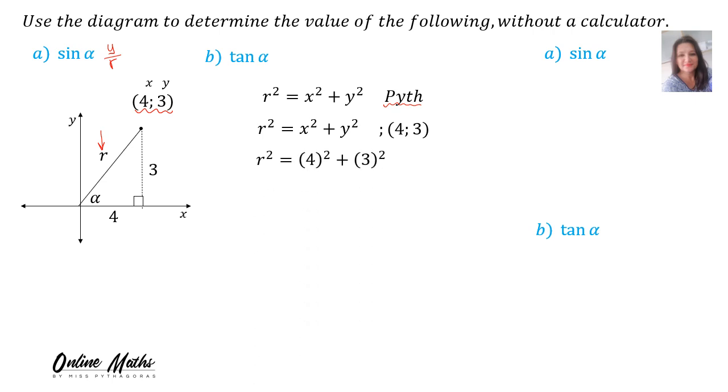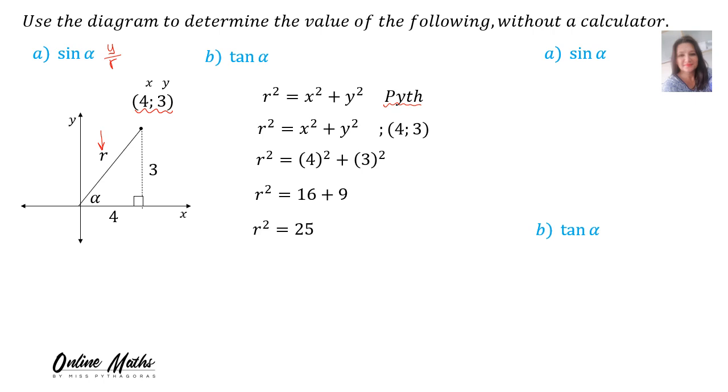So into x's place we substitute 4, and into y's place we substitute 3. Then r squared is equal to 4 squared is 16 plus 3 squared is 9. Then r squared is equal to 16 plus 9 is 25.